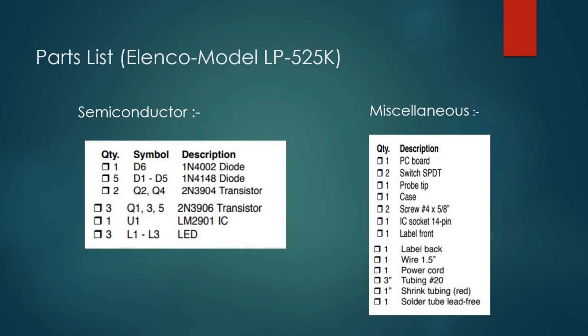Coming to the semiconductors in the circuit, which are diodes, transistors, LEDs, and ICs, and the miscellaneous components like the board, probe tip, IC circuit, cable which is 1.5 meters long, power cord, and so on.